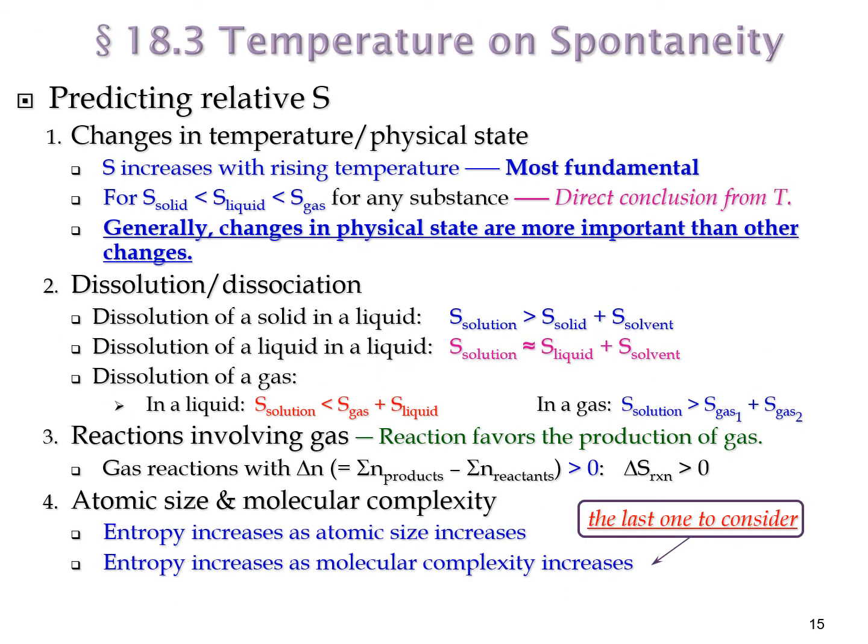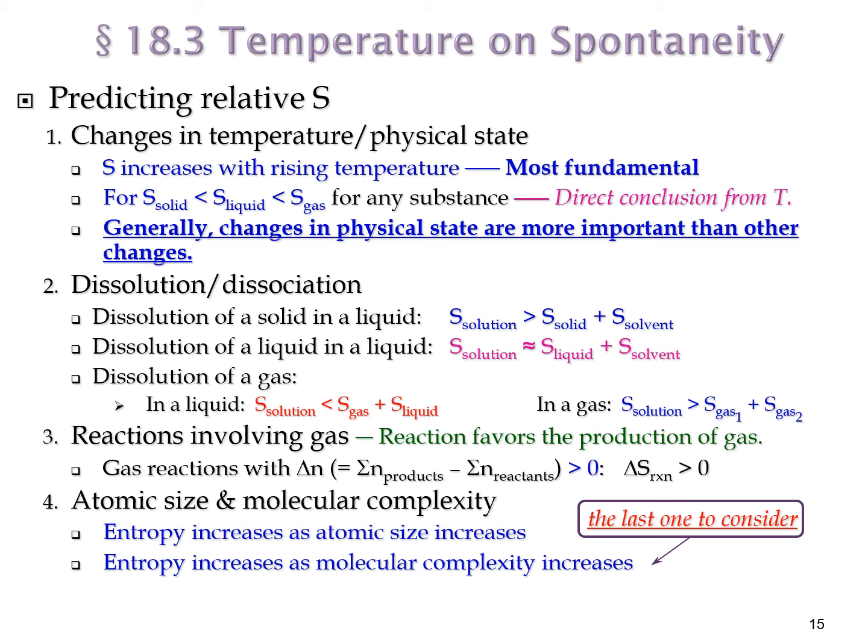So when we summarize all these cases, I combine the first and second together, because the entropy change due to state is a direct conclusion of the entropy change with temperature. Entropy increases with rising temperature. That is most fundamental, and we can use this to explain the change in state.